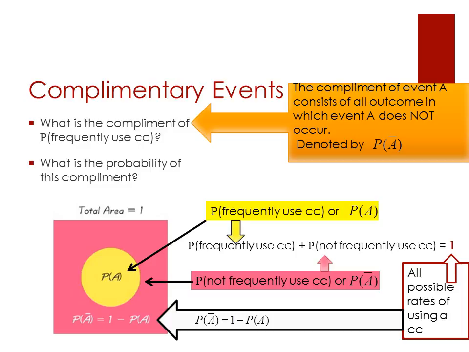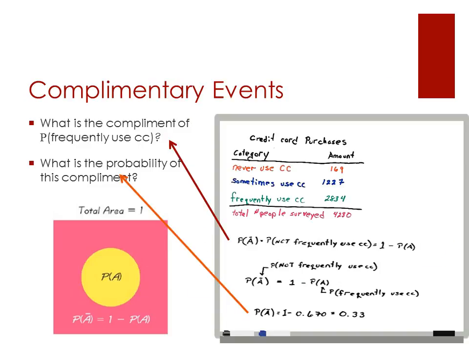We can use this formula to quickly calculate the complement event of P(A). Now, this can be really important if you're looking at a situation where perhaps you've got 5 or 6 different possible outcomes, and you don't want to go through and calculate the probability for each of those separate outcomes and then add them together. So let's take a look at this.